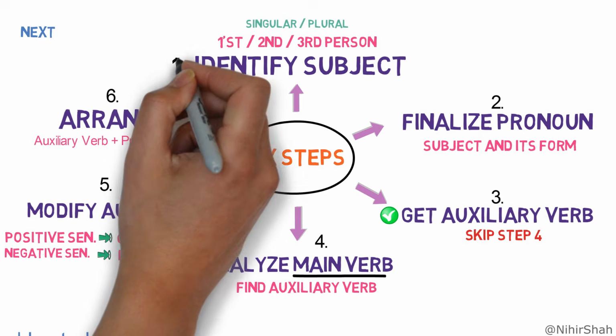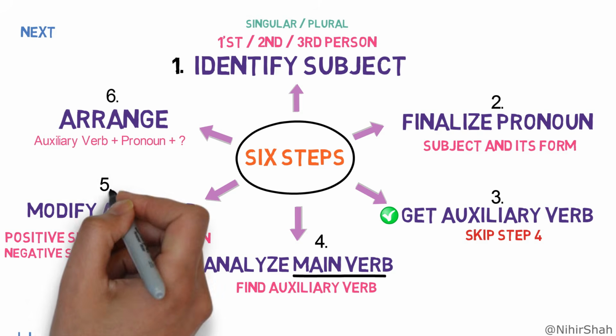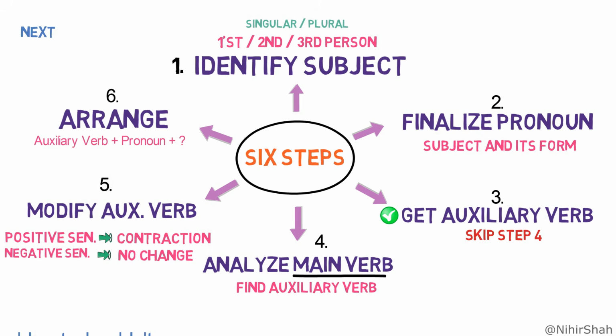The steps are: number 1, identify the subject and its form; number 2, finalize the pronoun; number 3, get the auxiliary verb if already present in the sentence; number 4, analyze the main verb and accordingly get the auxiliary verb if auxiliary verb is not present; number 5, modify auxiliary verb if the sentence is in positive form; and number 6, arrange the auxiliary verb and pronoun in proper structure.